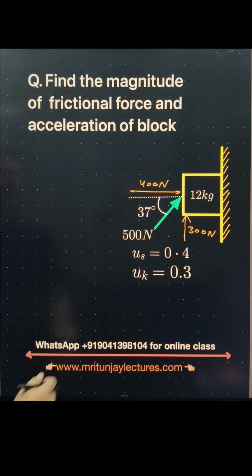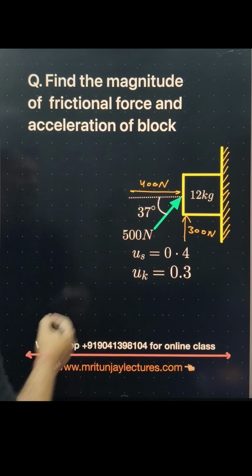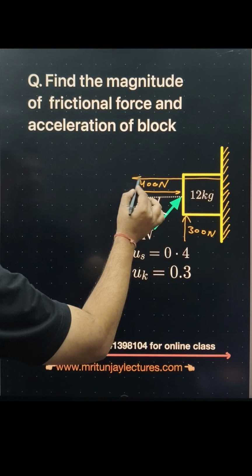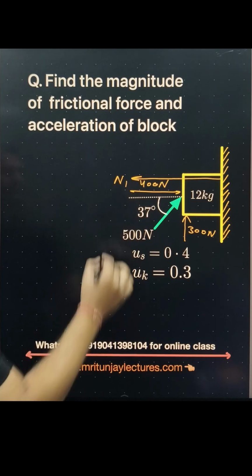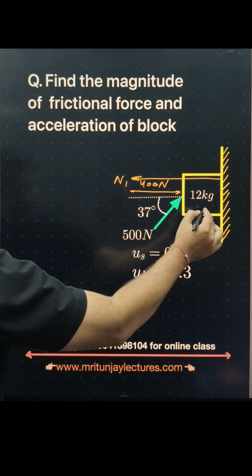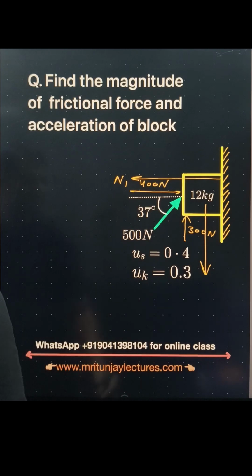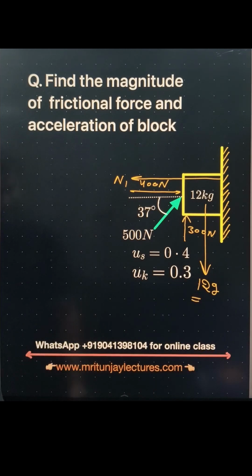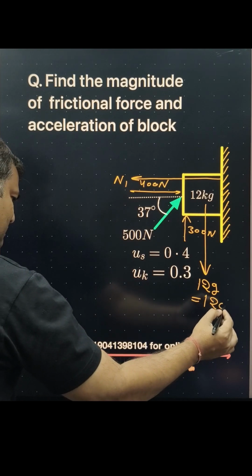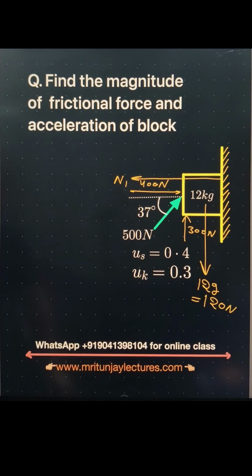After that, look here, the normal force applied by the wall on the 5 kg block is N1. mg always acts in the downward direction, that is 12 into g. For simplicity, g is taken as 10, then that is 120 Newton. Clear?